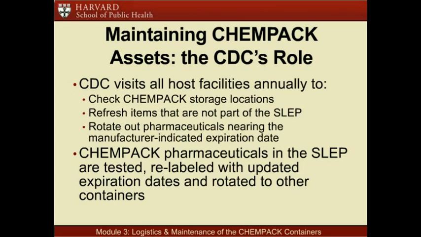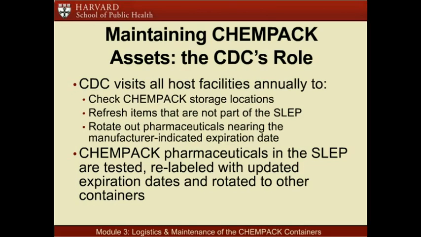The quality control and assurance which enables this shelf life extension is provided by the FDA. The FDA maintains samples from each lot of pharmaceuticals included in the SLEP, which they periodically evaluate. So long as the concentration of ingredients is in an acceptable range, the FDA will extend the shelf life of the entire lot by 2 years, provided there is evidence that the pharmaceuticals have been maintained at 59 to 86 degrees Fahrenheit.